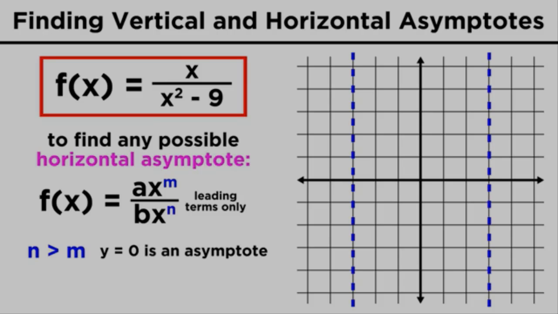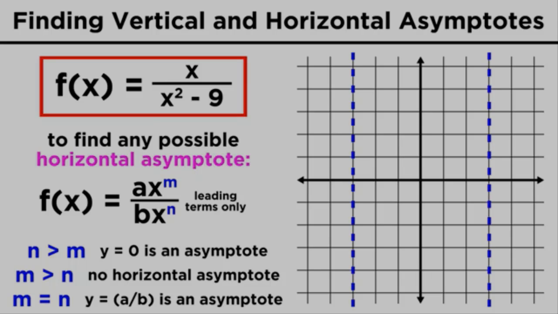If the denominator is a higher degree polynomial than the numerator, y equals 0 will be an asymptote. If the numerator is a higher degree polynomial than the denominator, there will be no horizontal asymptote. If the two polynomials are of the same degree, then we take the leading coefficient of the top over the leading coefficient of the bottom, and y equals that number will be the horizontal asymptote.